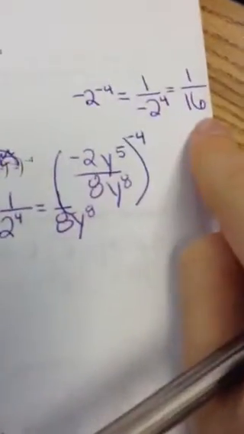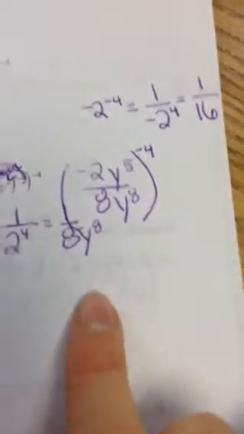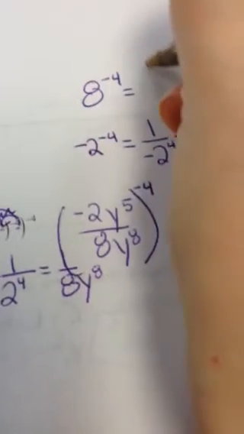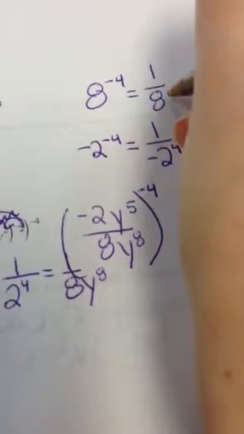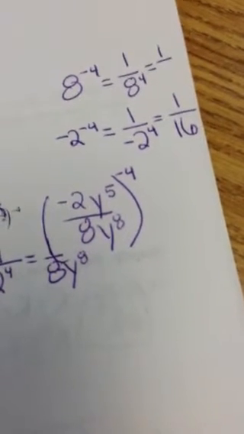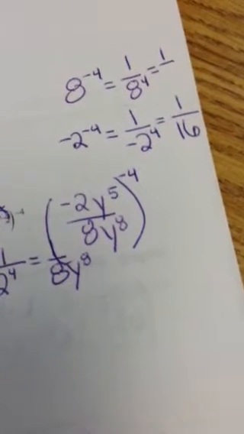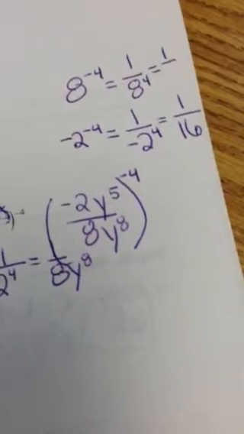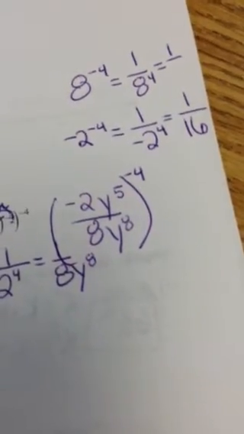So this becomes 1/16. And then 8 to the negative 4th power is the same as 1 over 8 to the 4th power, which would equal 1 over. So 8 times 8 is 64. Times 8 equals 512. Times 8 equals 4,096.